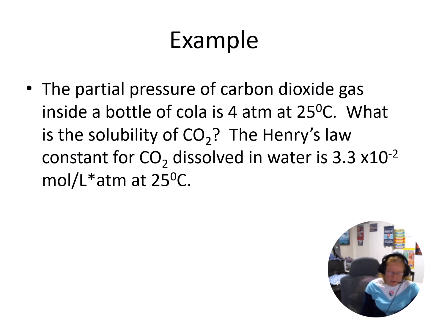Okay, so we have the partial pressure of carbon dioxide in a bottle of coke is 4 atmospheres at room temperature. So what's our solubility? We've got a Henry's law constant, so let's figure this out. Okay, so we get our S of our gas is equal to our Henry's law constant times that partial pressure.